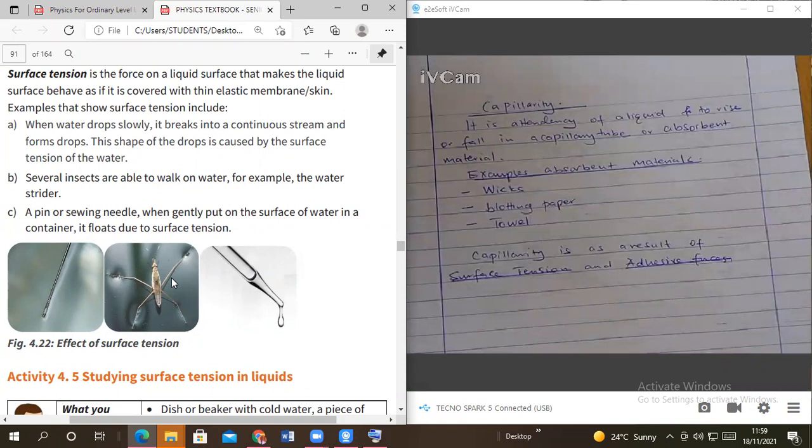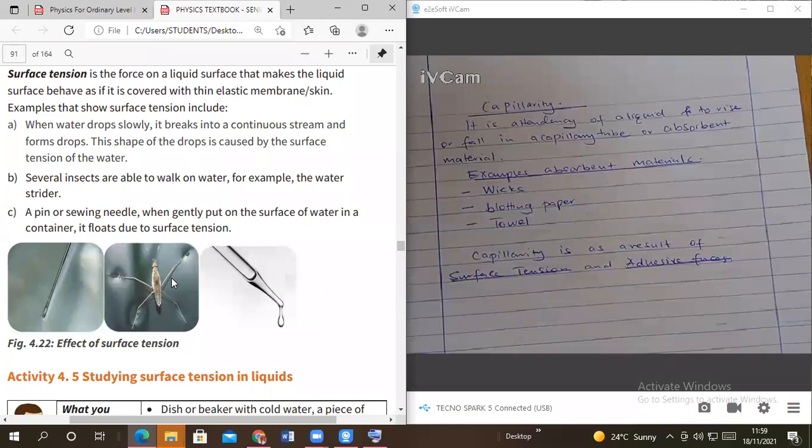It means that not everything can walk on water. It depends on the level of surface tension on water. If surface tension is high, then you expect objects to move on water. If surface tension is very high, then we expect low capillarity.